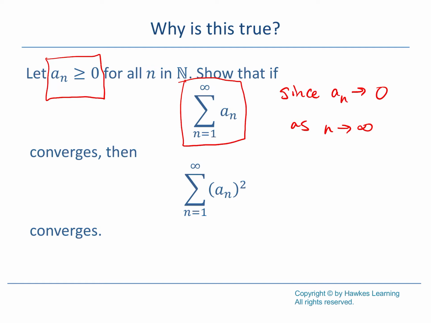There will be at some point a big N where a sub big N and a sub big N plus 1 and so on and so forth, all of those terms will be less than 1.